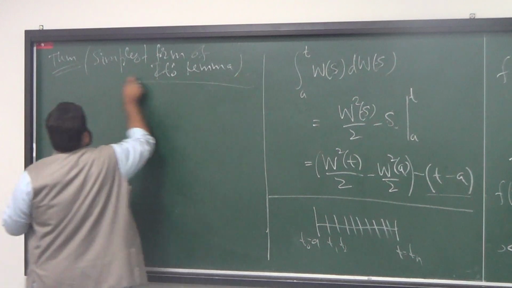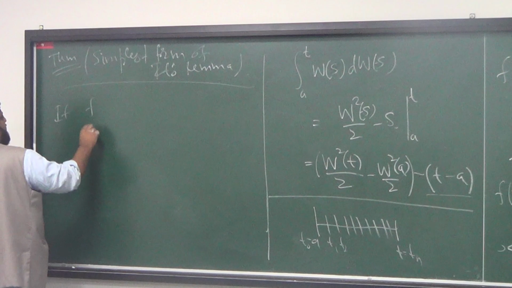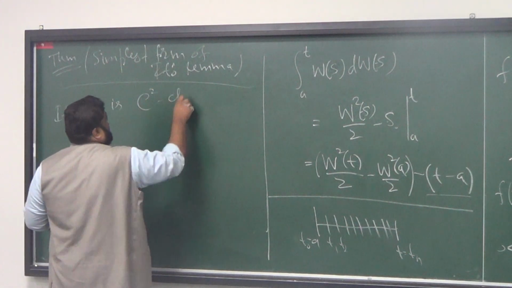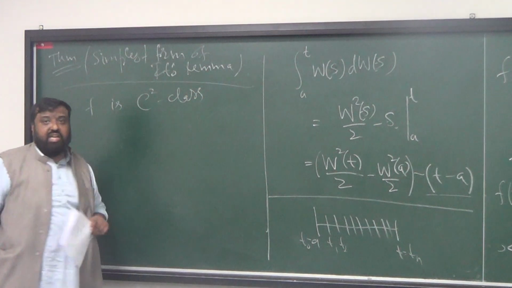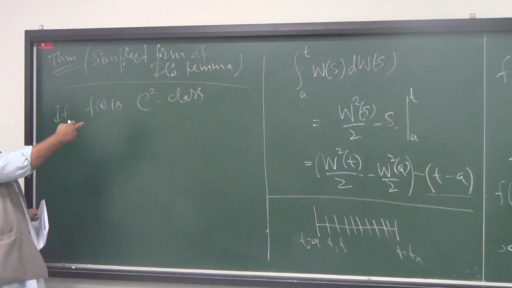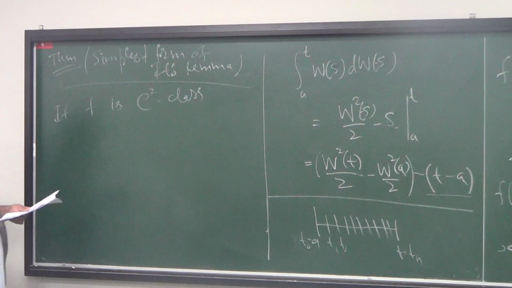So what does it say? It says if I have a function that is C2 class, okay, and it depends only on x actually. It's just a single variable function of x.